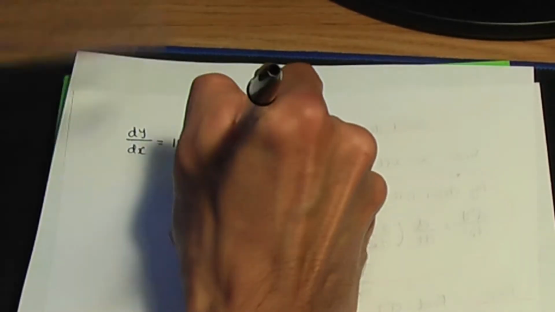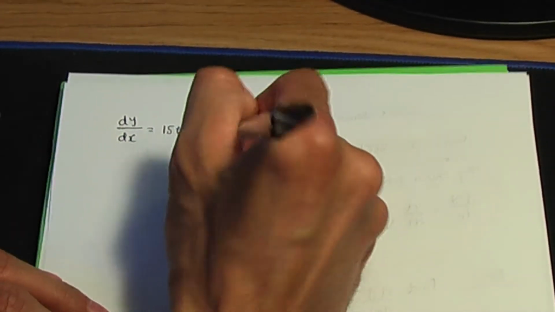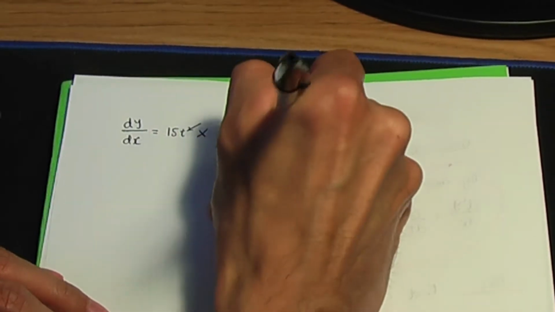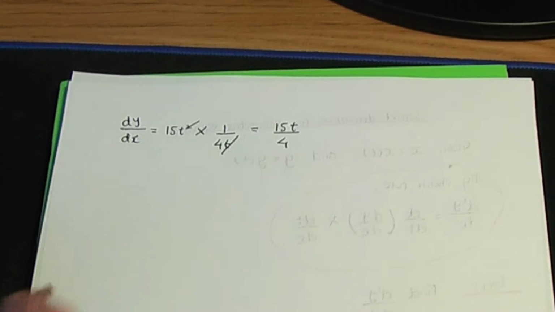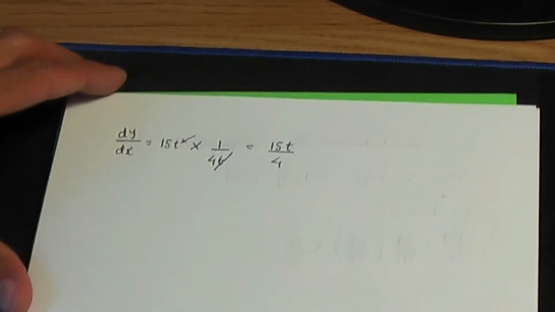So that is 1 divided by 4t. Okay, so I can cancel one of the t's with the 1 in the numerator, okay, to give me an overall answer of 15t over 4. So that is the solution for dy over dx.